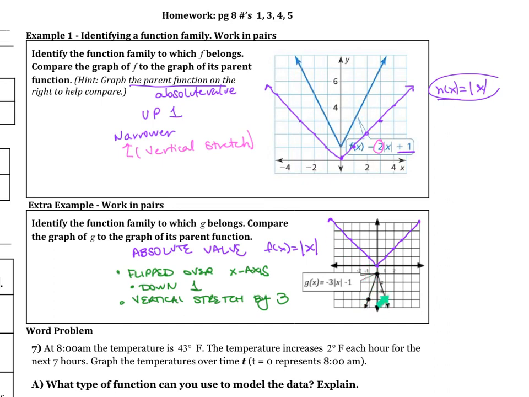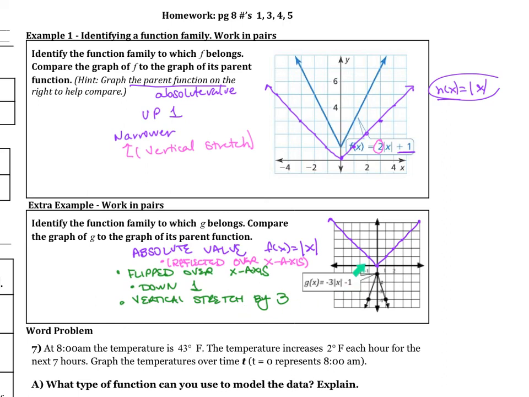Hopefully that's the first thing you notice, that it's flipped over, specifically over the x-axis. The terminology we want to use is that it's a reflection, reflected over or across the x-axis. So that's the technical vocabulary word that we will be using this chapter and the rest of the year.